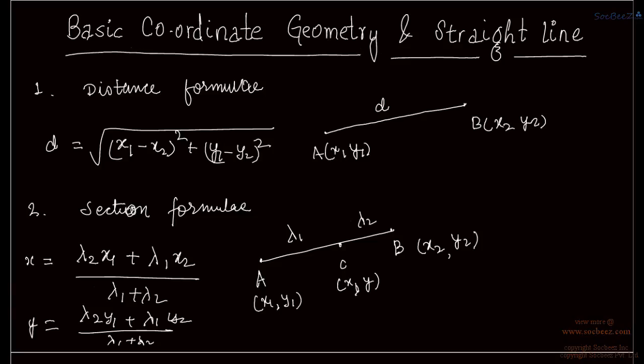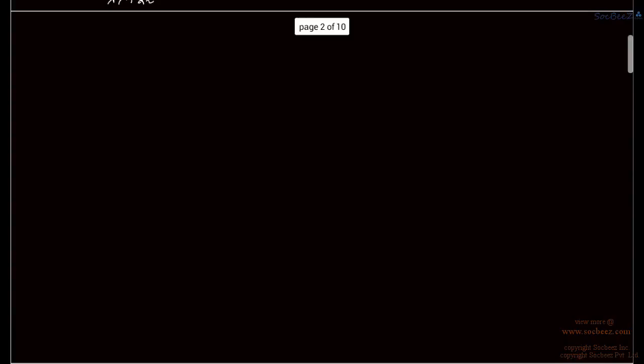Now if there is an external division, that is, if point C is dividing externally, we have to extend the line AB. Here is point A, here is point B, and say here is point C. So point C is actually dividing this line AB externally, so point C is external to line segment AB.